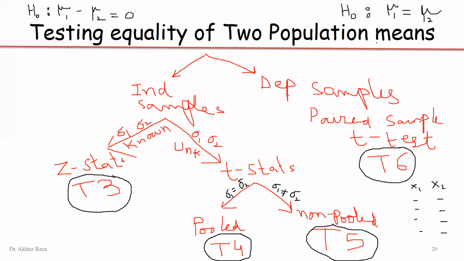Another example of the paired sample t-test is where we have observations of students when the student took admission in a preparation setup, like preparing for the GRE. At the time of admission, there is the GRE score of the student, and after 1 month of preparation, the score of the same student in the GRE test.